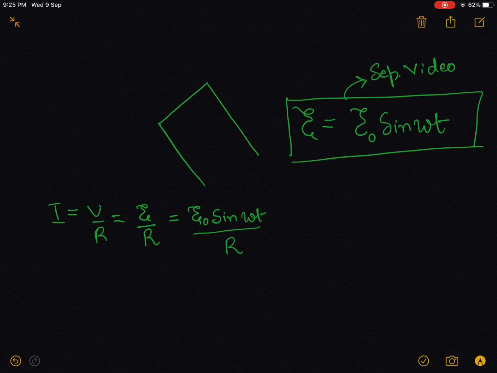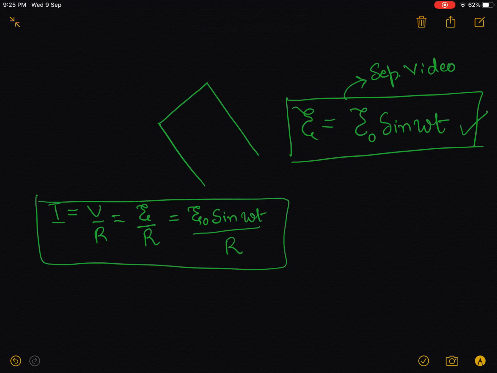I'll explain how we reach this point that an alternating EMF of this value is generated. But for now, this is what you have to remember, that to find current at any point, I should be equal to I naught multiplied by sine omega t.